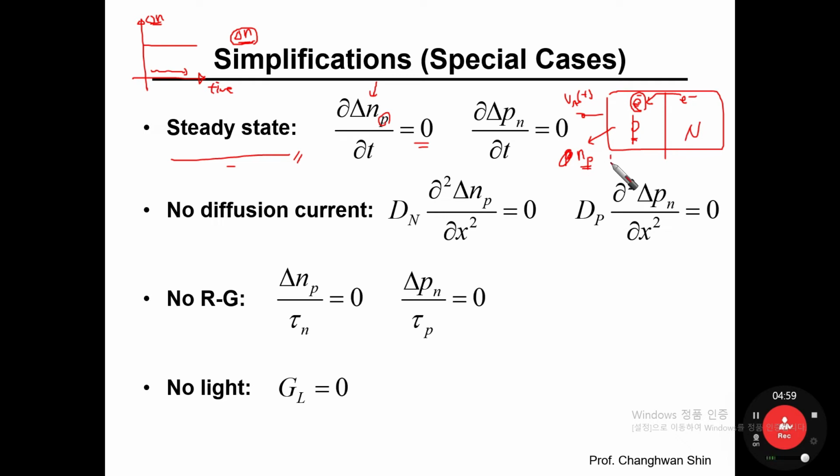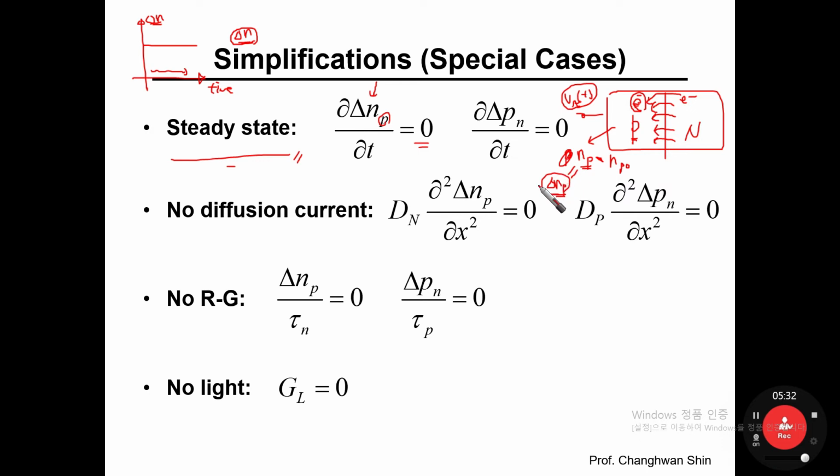So n sub p versus n sub p naught, those two values would be very different, and the difference is delta n sub p. This delta n sub p depends on how many electrons are injected into the p side, depending on the biasing. And here the point is that over time, this value delta n sub p is not changed at all.